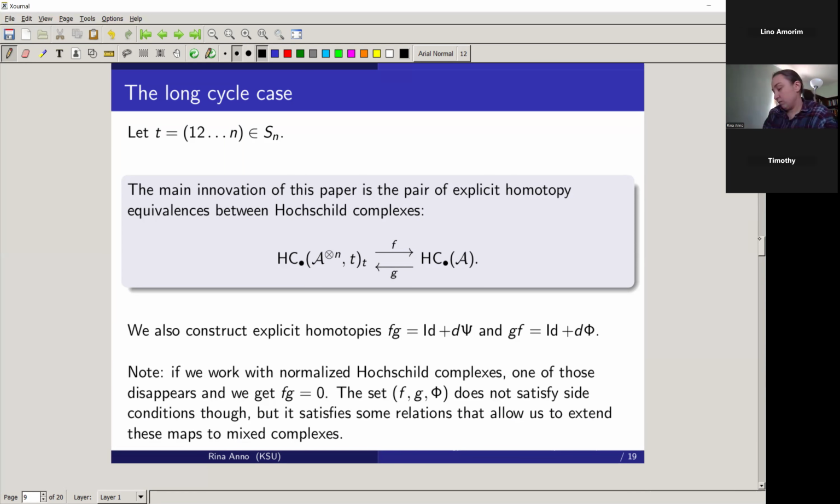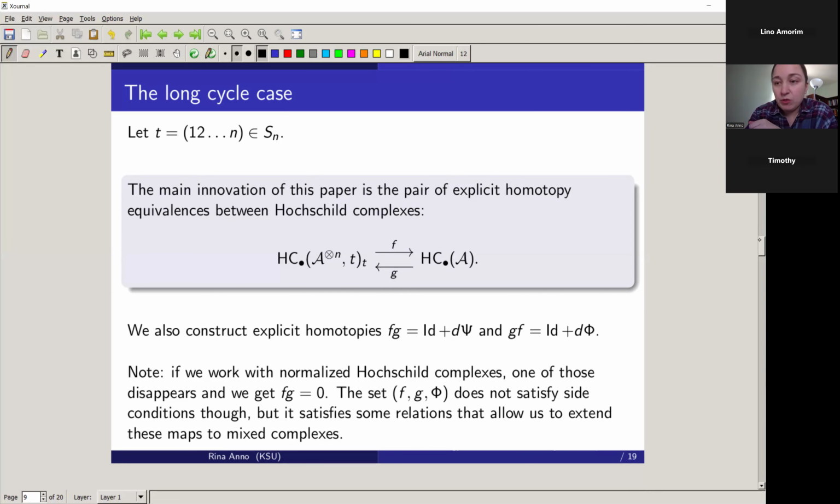So Hochschild homology with respect to a category twisted by any element is isomorphic to Hochschild homology twisted by the conjugation of this element. That's why we pass from a sum over all elements of the group to a sum over just conjugacy classes. Just a technical thing.